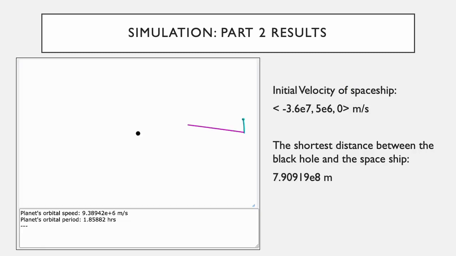Here you can see the other simulation with the ship's initial velocity right up here, and then the closest it gets is this number right here, which is pretty far but pretty close to a black hole.